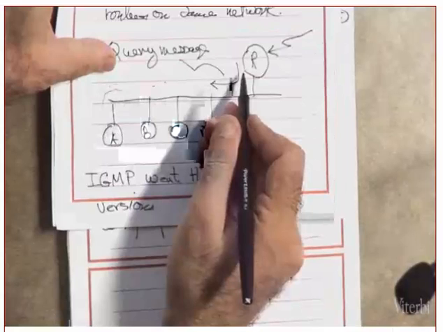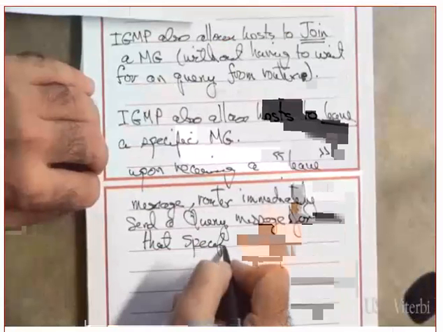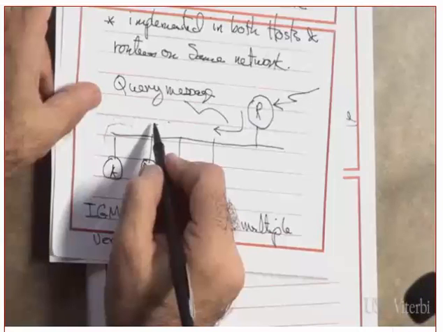Now, the next component of multicasting is establishing what is known as a delivery multicast tree.